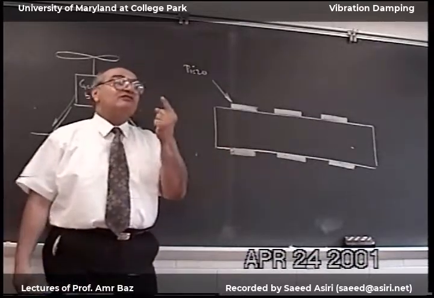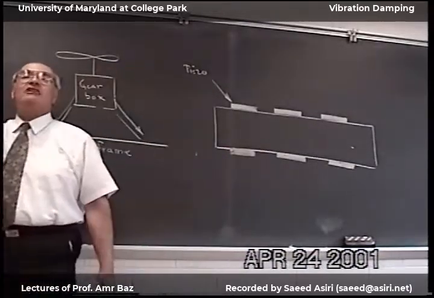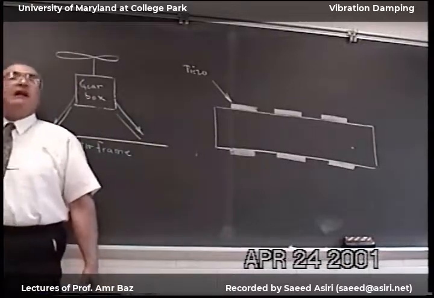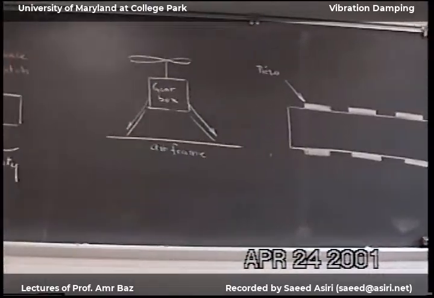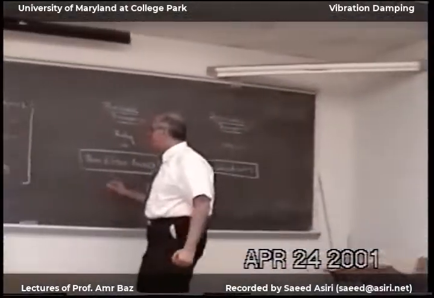This is one advantage. The second advantage, as you will see when we analyze one of these, because it's completely passive, it will have this characteristic which is called also filtering characteristic.